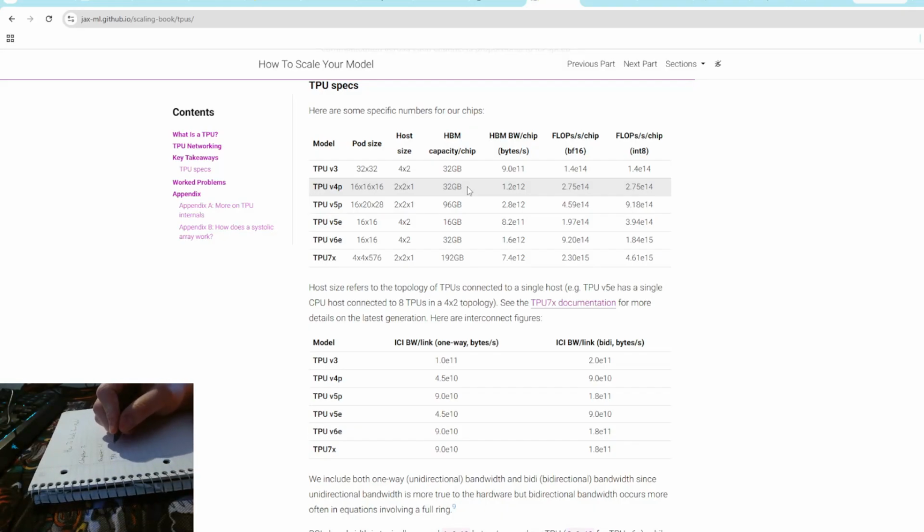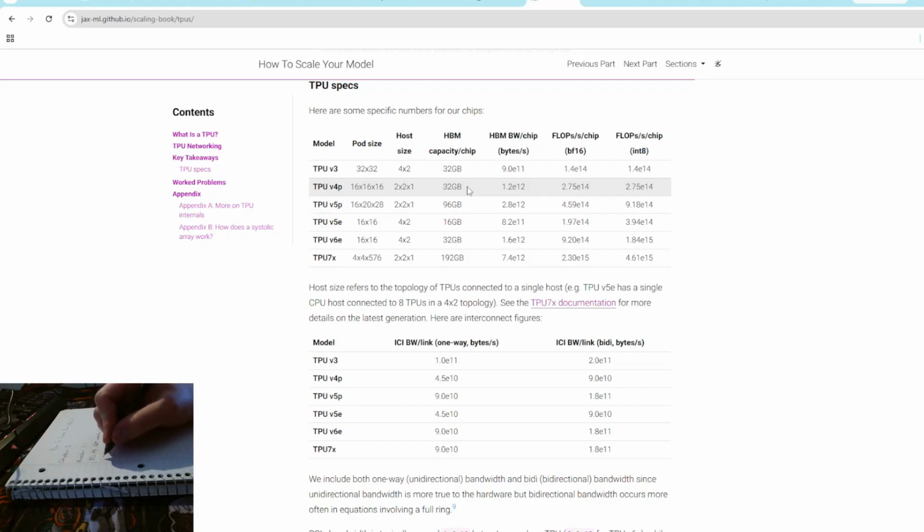TPU V4P HBM capacity per chip equals 32 gigabytes. Oh shoot, wrote that wrong. Gigabytes.